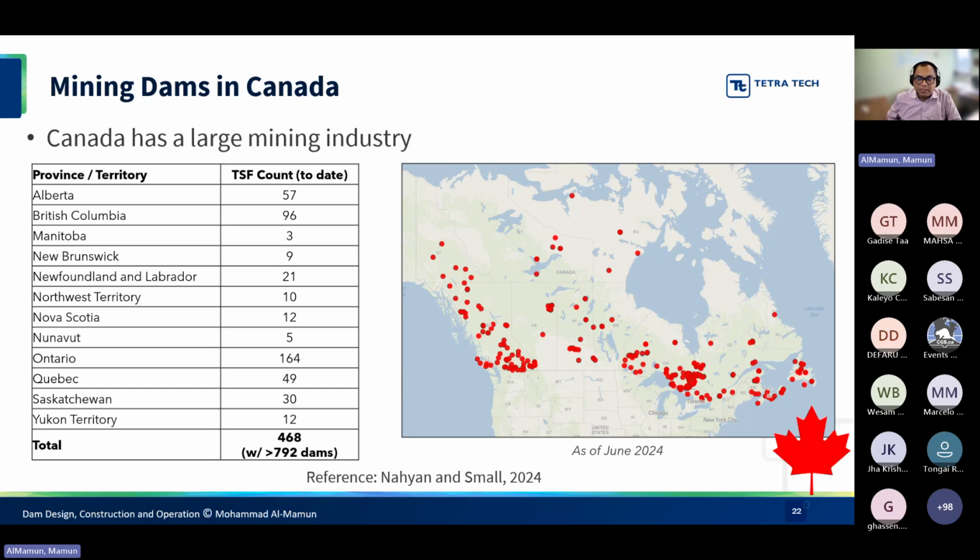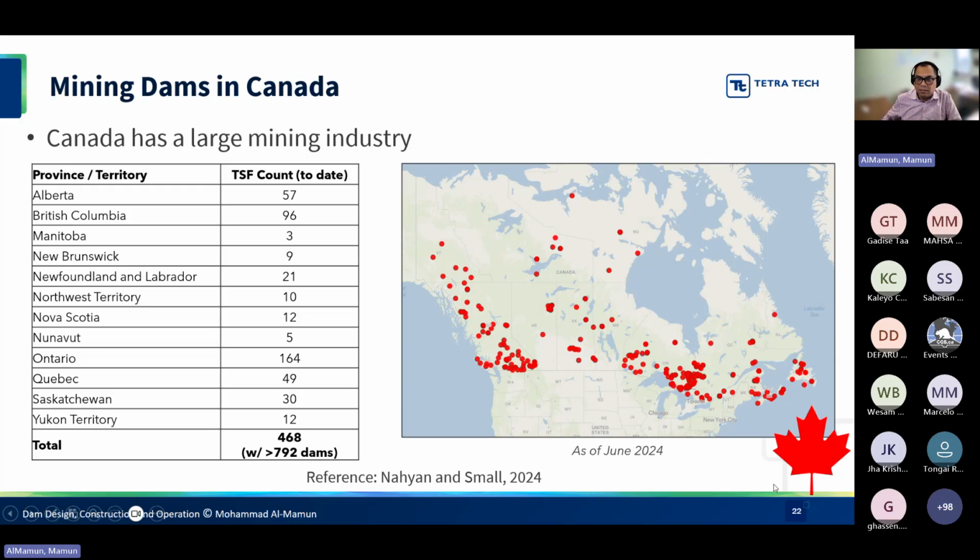And then on the mining side, again, I think there isn't really a formal database, but one of my junior friends, Nahian, started to pull together an inventory of mining dams across the world. As part of his data set, he looked at the mining dam inventory in Canada.